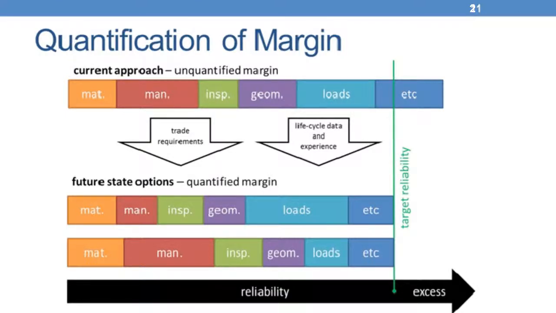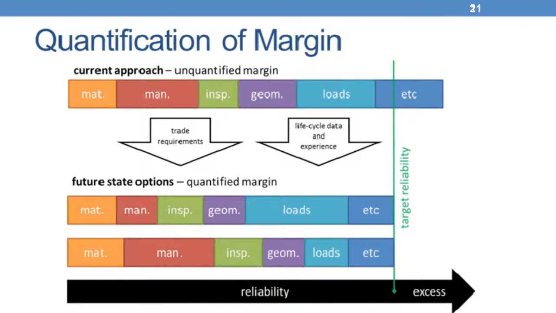I've shown some of the usual inputs on the screen there that we're often concerned with, including material, manufacture, inspection, geometry, and loading. And the size of the bars on the screen in a schematic sense is trying to represent the contribution of that particular input to the overall reliability.